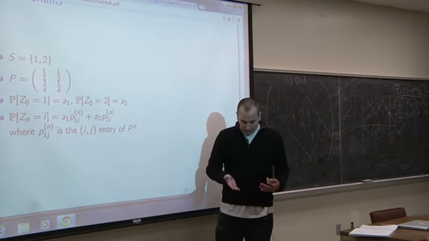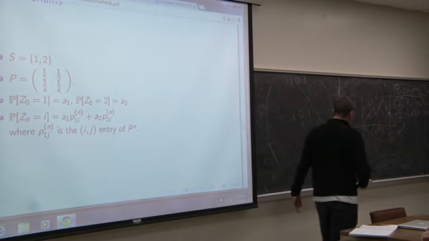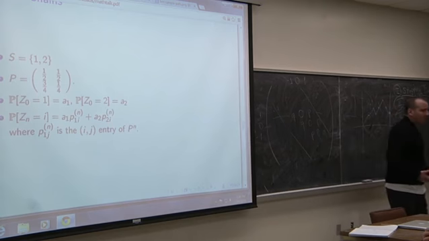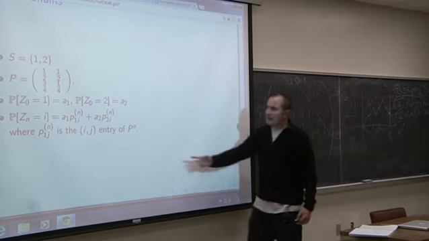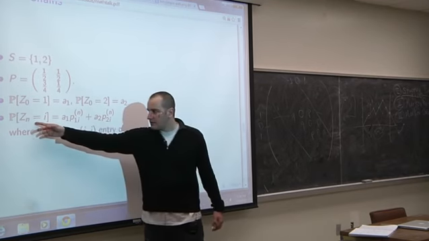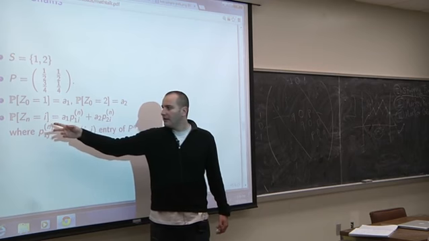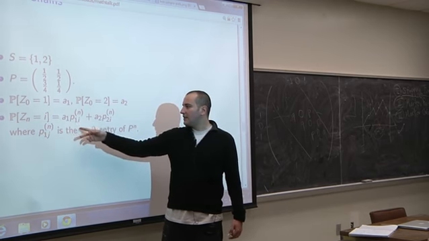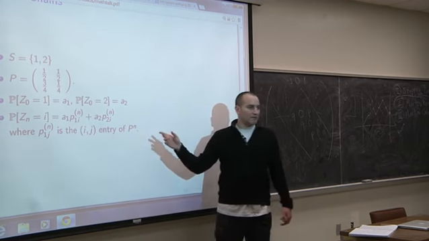And for this kind of Markov chain, the nice thing about it, there are many nice things about Markov chains, is that I can compute at a certain stage the probability that my system is in state i, just looking at these numbers, which are the entries of P to the n.